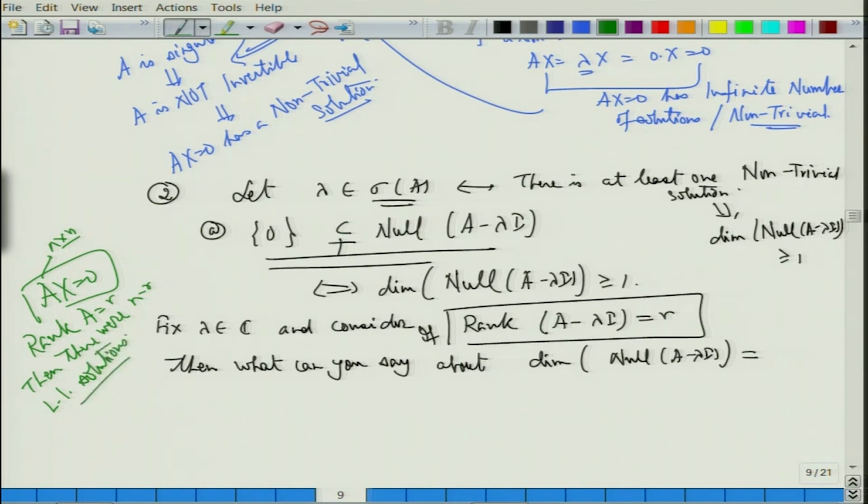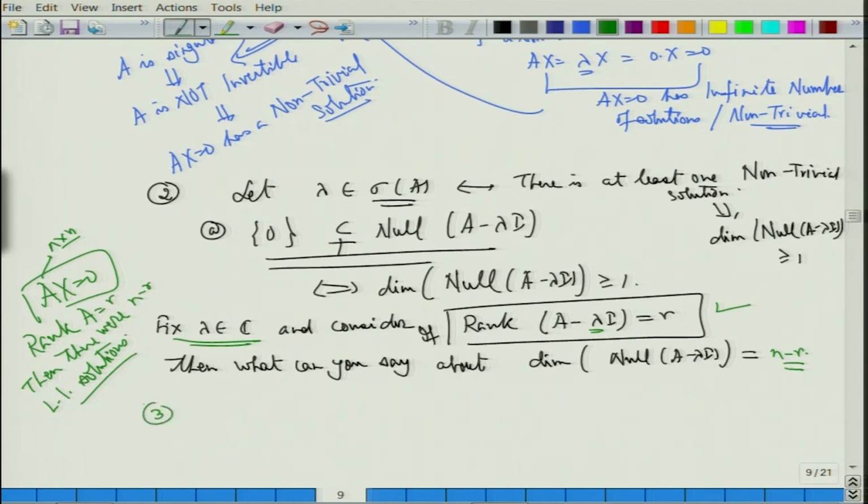You can use either the rank nullity theorem, or you can look at the solution space of the linear system of equations, or the fundamental theorem of linear algebra. Since lambda is fixed, if the rank is r, then the dimension of the null space will be n minus r. Linear independence and dependence I have already talked about, so I will not repeat it.